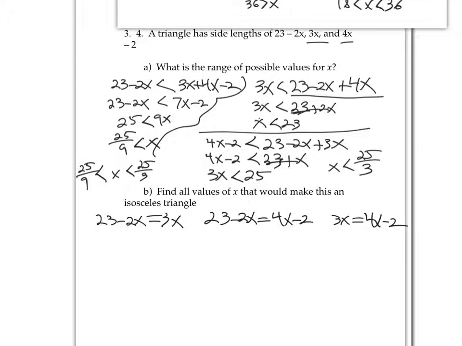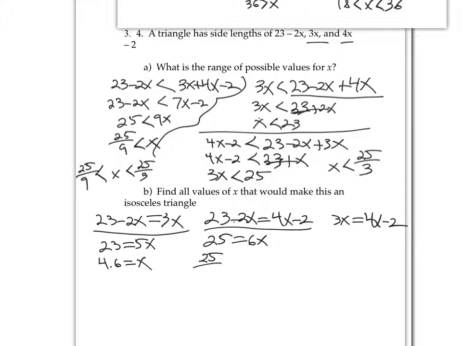All right, when we look at this first one here, that's going to become 23 is equal to 5x, which is to say that 4.6 is equal to x. Over here, we're going to get that 23 plus 2, or 25, is equal to, we'll add 2x to both sides to get 6x. So 25 over 6 is equal to x, which is 4 and 1/6, or 4.17 more or less.